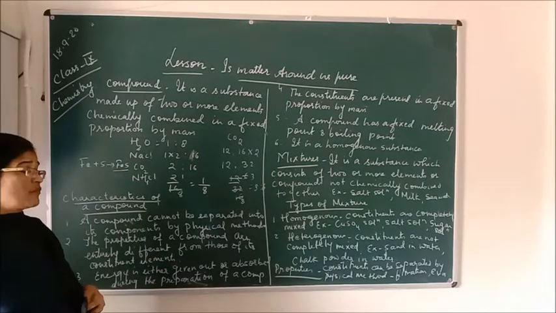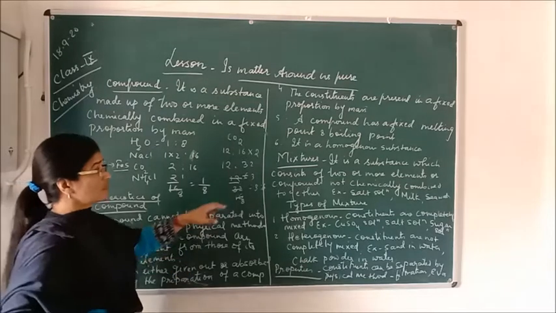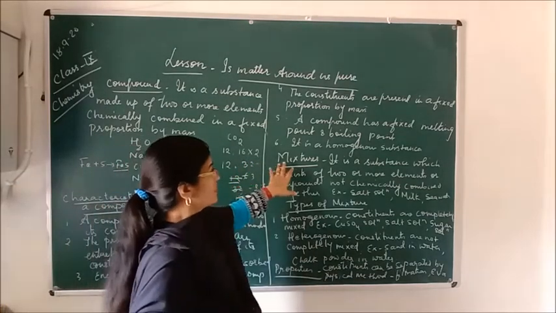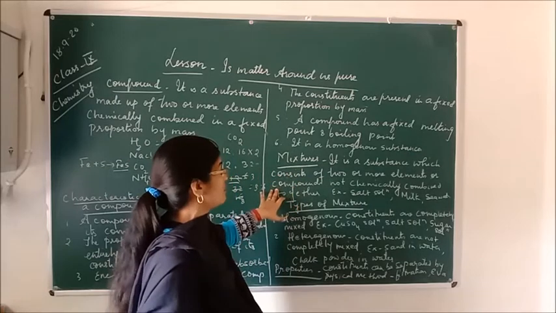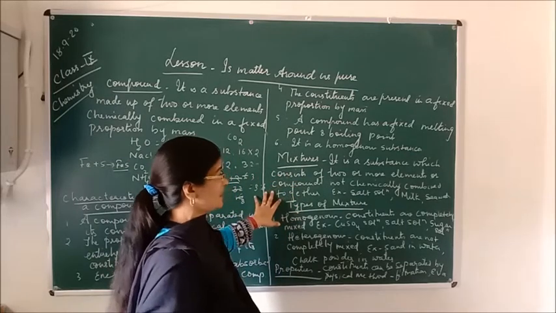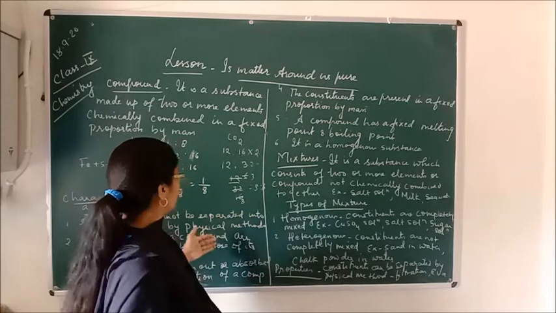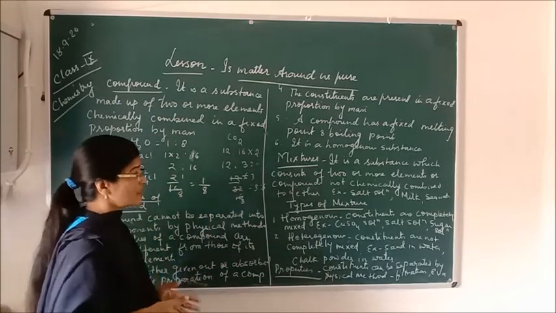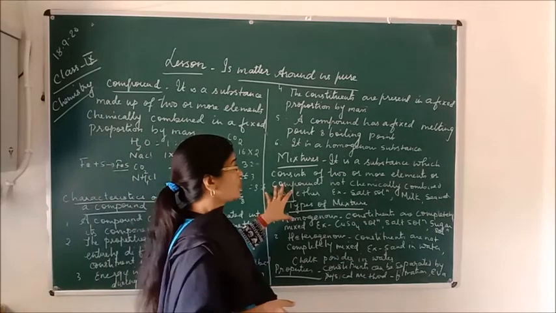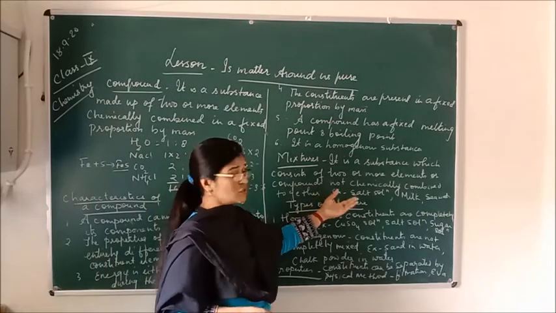A mixture is totally different from a compound, because a mixture is a substance which consists of two or more elements or compounds not chemically combined together. In a compound, the elements are totally combined together in a definite proportion, but here they are not chemically combined, like a salt solution.